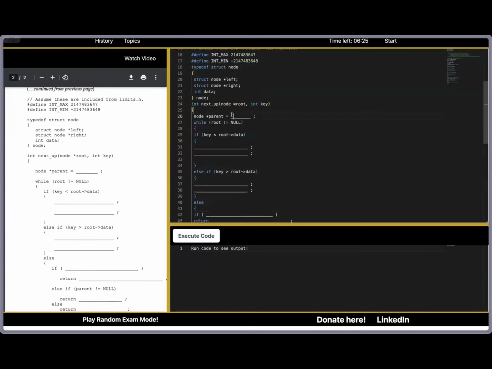All right. So for this, what do you guys think it's going to be? I'm getting a lot of root. Okay. Well, unfortunately, not yet, because here you're still initializing the parent.